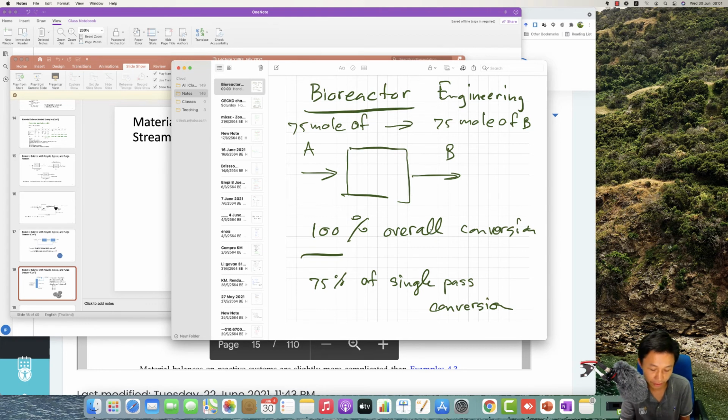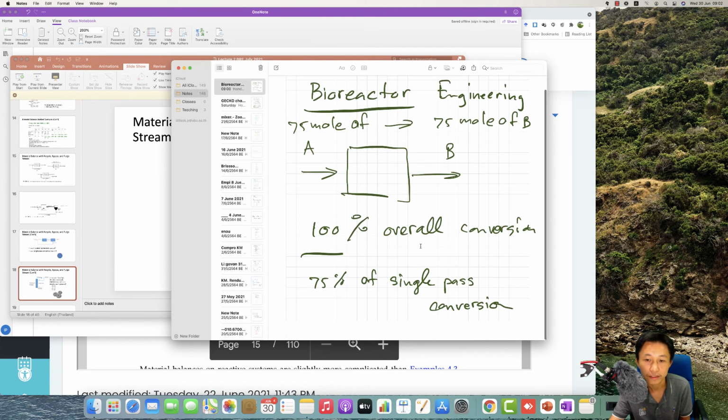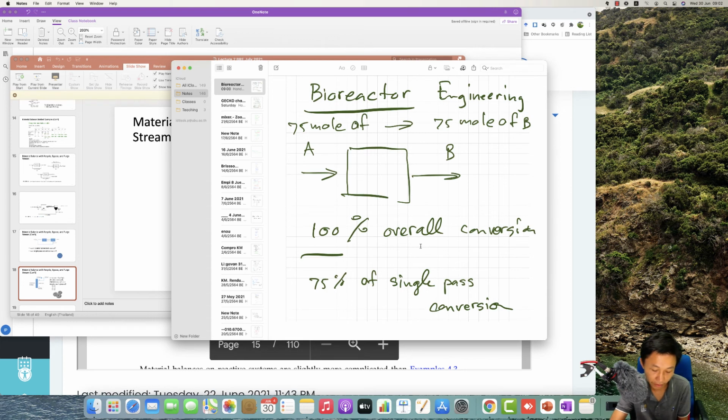So you only have these two. You have 10,000 kilograms per hour in, right?